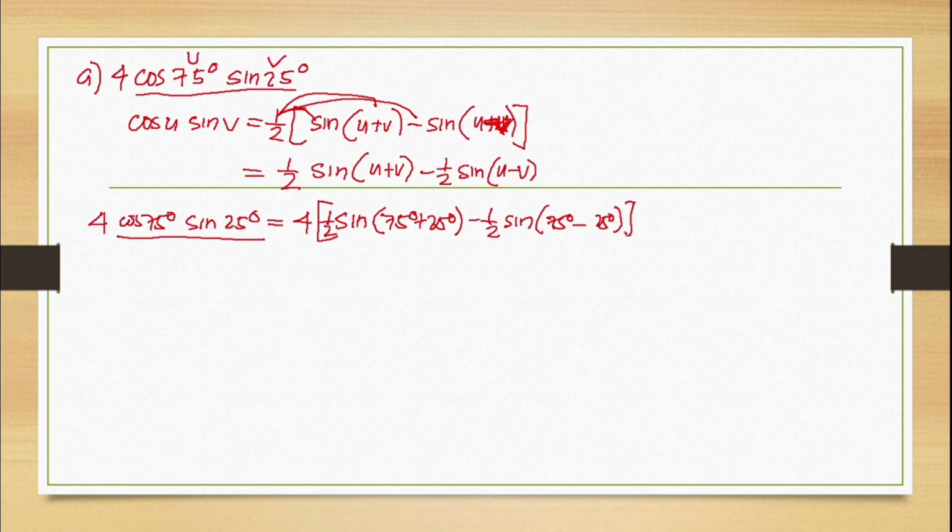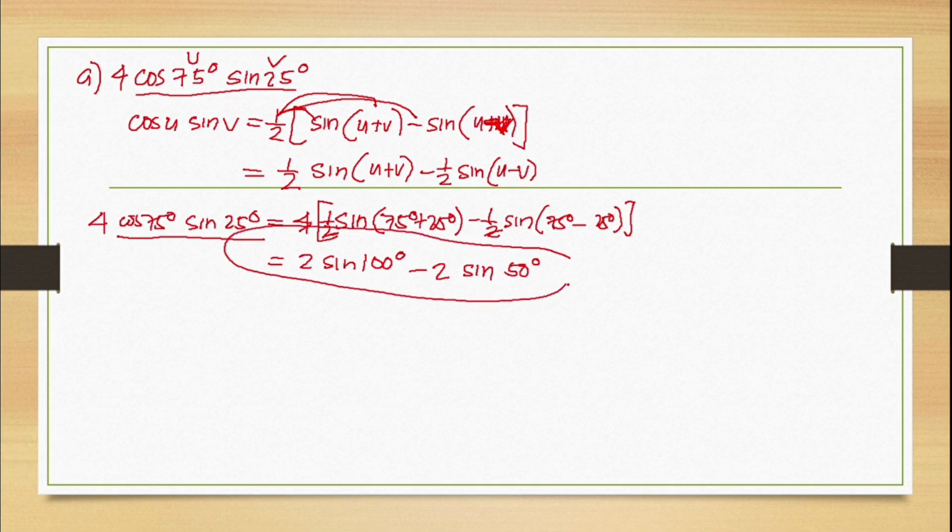We simplify this one: the 4 and the 1/2 give 2. So we have 2 sine 100 degrees minus 2 sine 50 degrees. This is the final answer for letter A.